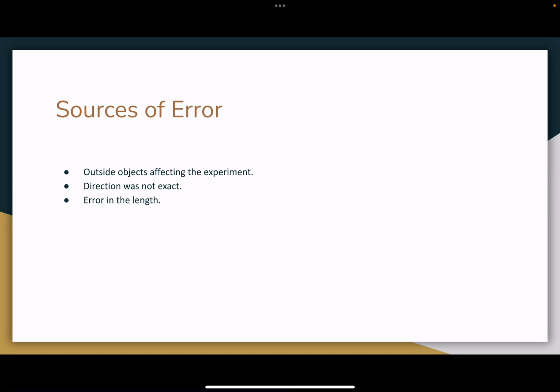Sources of error. This is sources of error for why the calculated B is different than the computational model of B. For the first problem, it could have been outside objects affecting the experiment. Anything laying close to our experiment table or anything under or around it could have affected it, especially if it was magnetic.